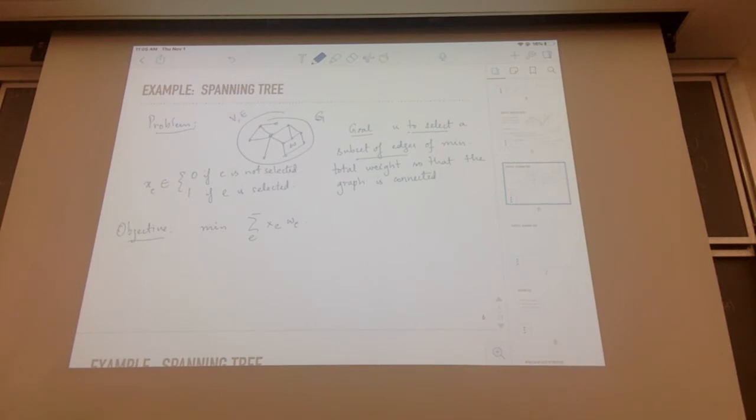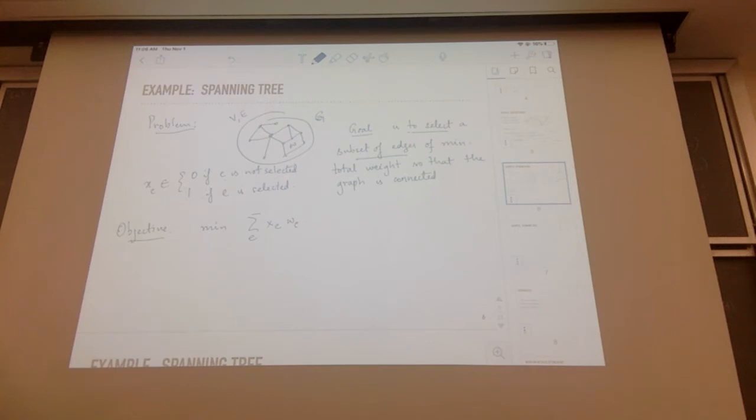So you somehow want to enforce that the graph is connected. How would you enforce that?